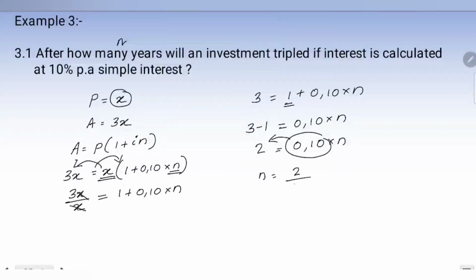So it's going to be 2 divided by 0,10. The answer is 20 years. So after 20 years, if the interest rate is 10% per annum, simple interest, whatever amount you invest is going to be 3 times. Okay, so that's how it is.